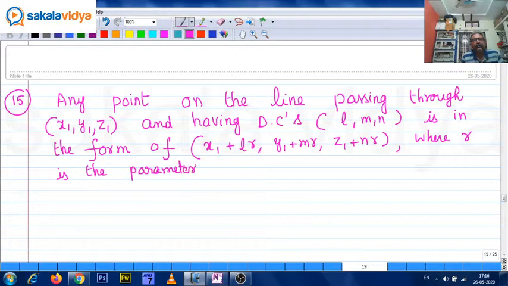That means if any one point on the line is known.